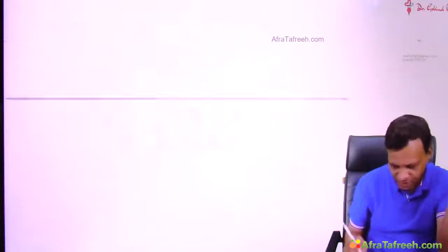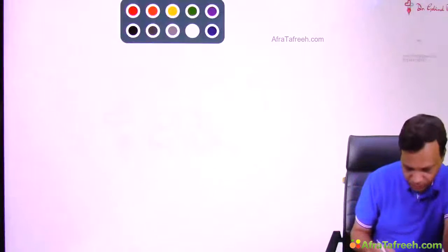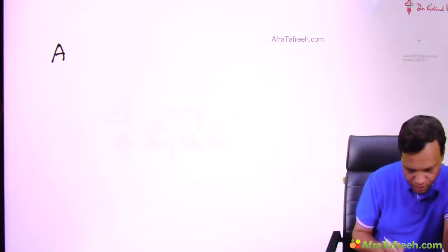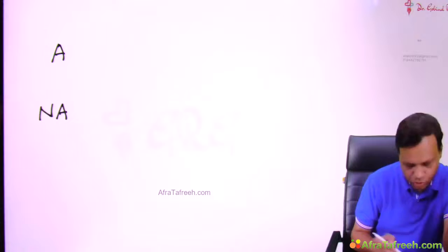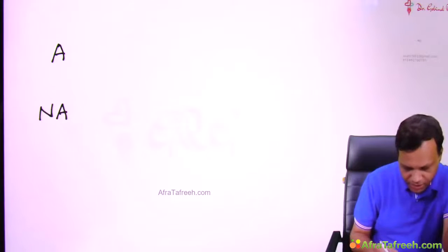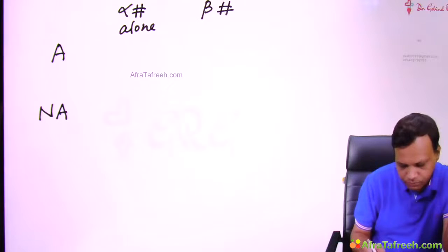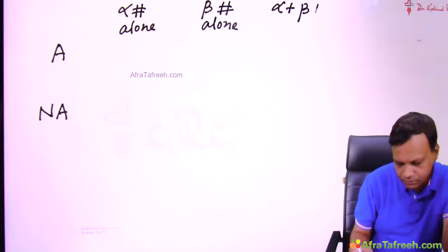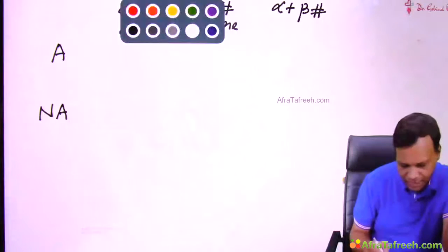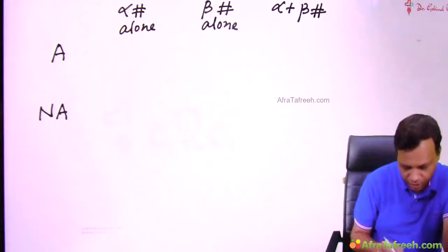Okay? So if we summarize what we have discussed, we have an adrenaline-producing tumor and a noradrenaline-producing tumor. So three types of drugs: alpha blocker alone, beta blocker alone, and alpha plus beta blocker. We discussed that an alpha blocker alone is contraindicated in an adrenaline-producing tumor.